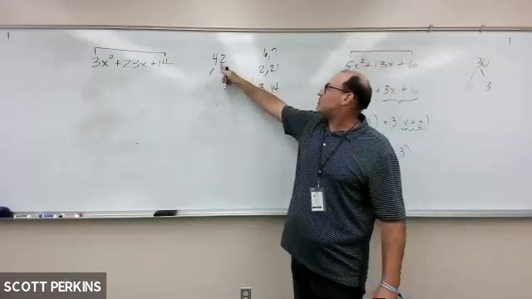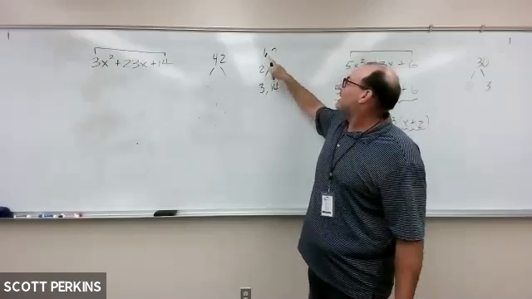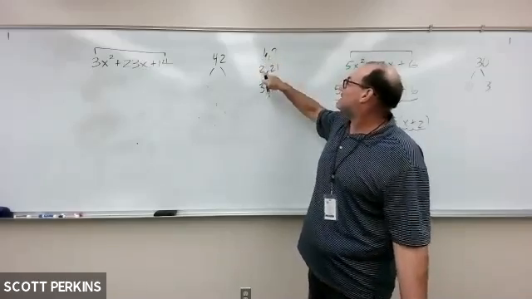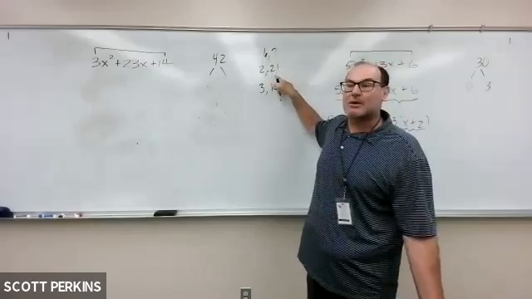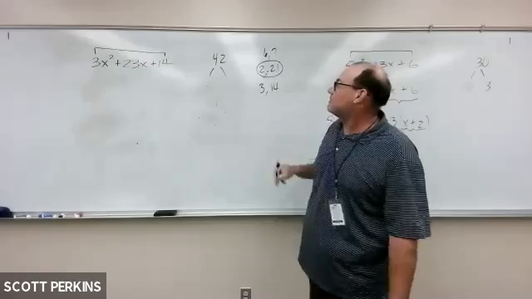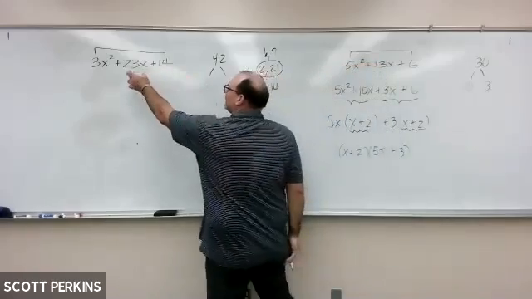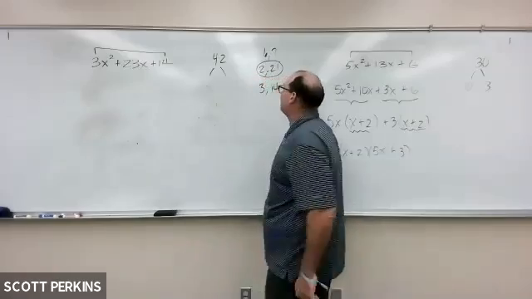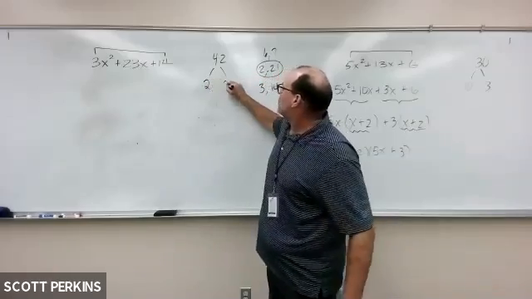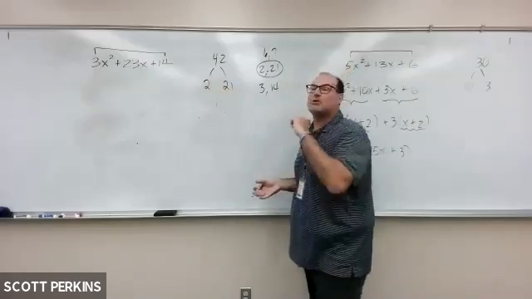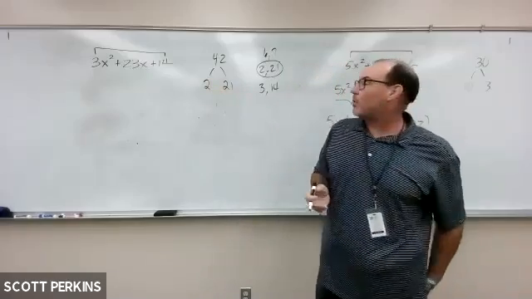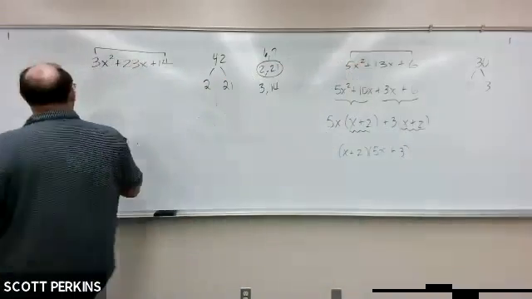Okay, so with 42, I started with 6 and 7, and then notice that 2 goes into 6, and I got 2 times 21. This is the right pair of numbers because I need the ones that add up to 23. So I have 2, 21, or 21 and 2. Does not matter at all what order you put these in. So here we go.